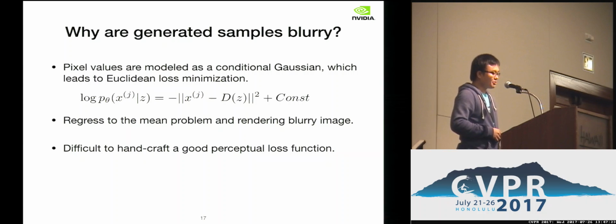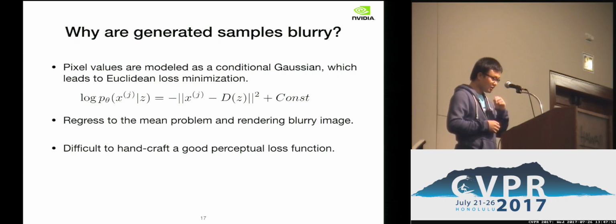So why are generated samples blurry? One explanation is that the pixel values are modeled as a conditional Gaussian, which leads to Euclidean loss minimization during training. And for this L2 loss, we know it has the problem of regressing to the mean. And because it regresses to the mean, you basically blur a couple of different versions together, so you have a blurry image.